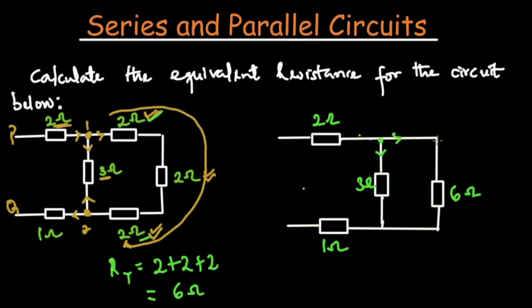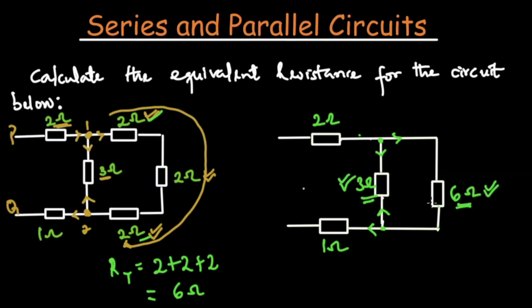Also, if the current passes through 6 ohms, it can enter this node into this direction and into this direction, which means that 3 ohms and 6 ohms are parallel because current does not pass through 3 ohms to 6 ohms and go in one direction. There are many directions. Alright, so that means that 3 ohms and 6 ohms are parallel.